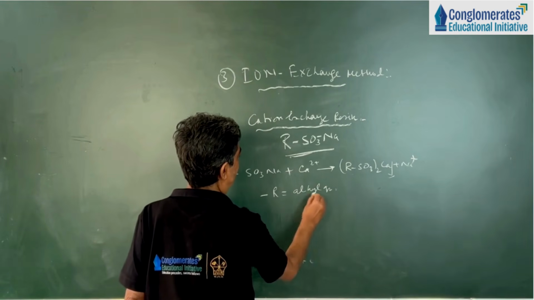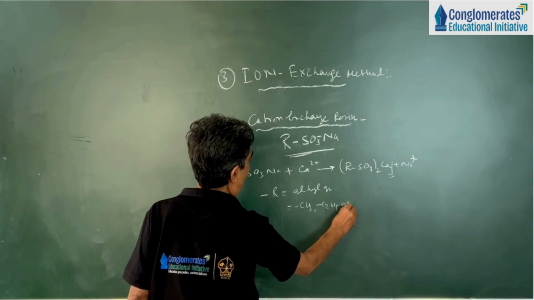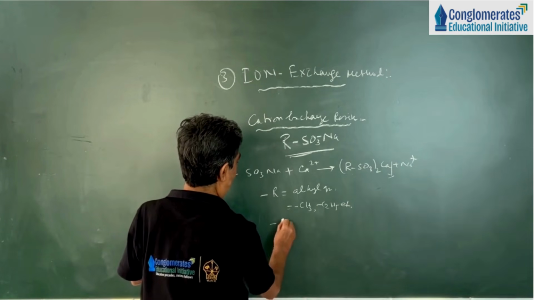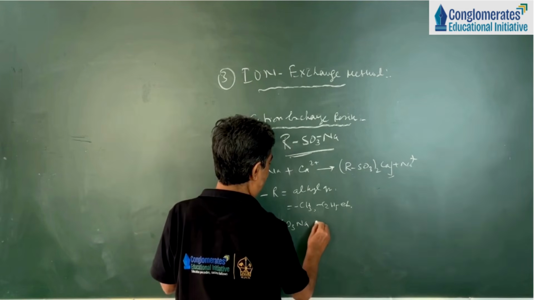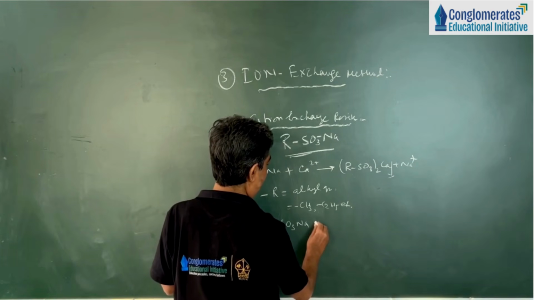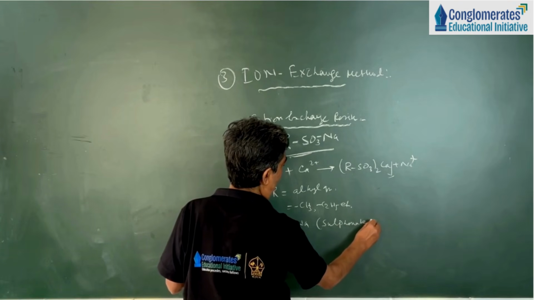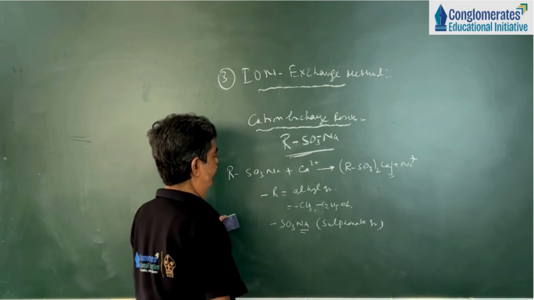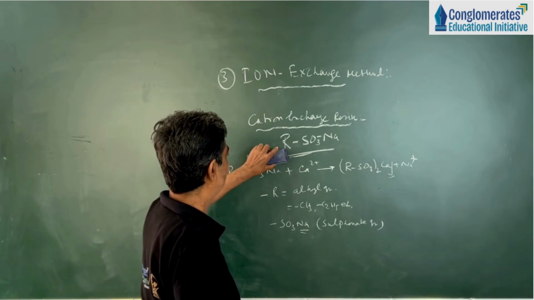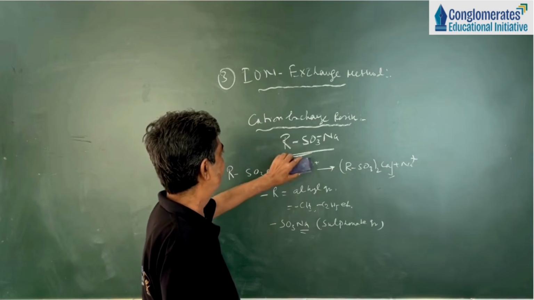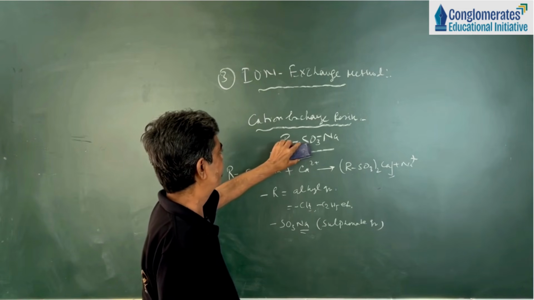Alkyl group means methyl, ethyl, etc. And what is SO3Na? SO3Na is called sodium sulfonate. SO3Na is the sulfonate group. So R is the alkyl group like methyl, ethyl, etc. SO3Na is another group, another radical, that is called sodium sulfonate.